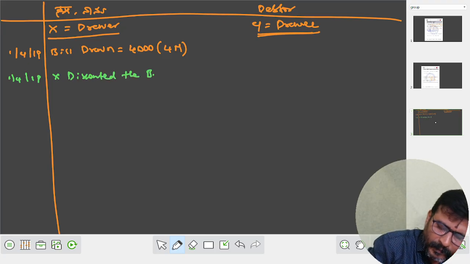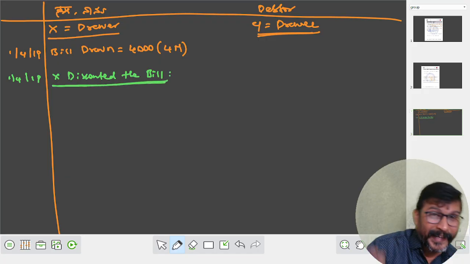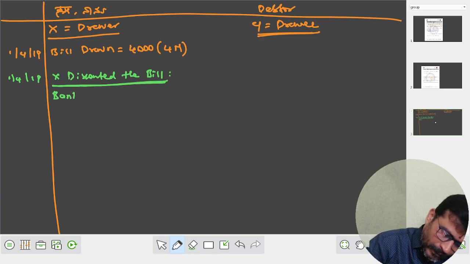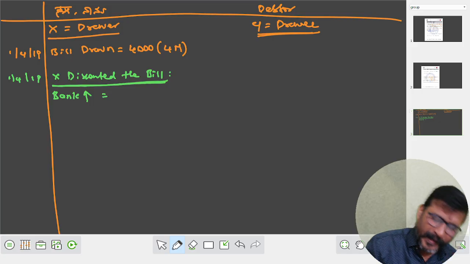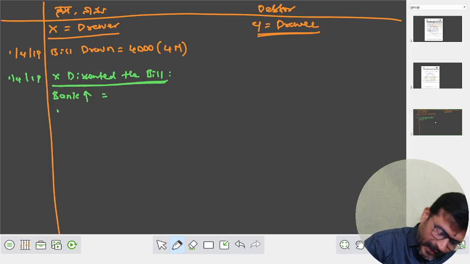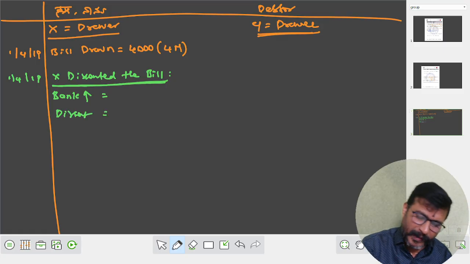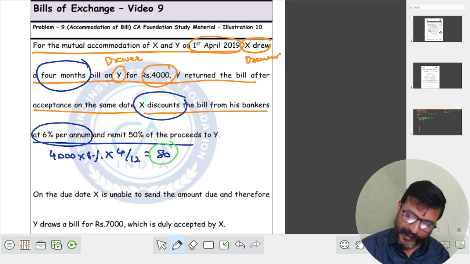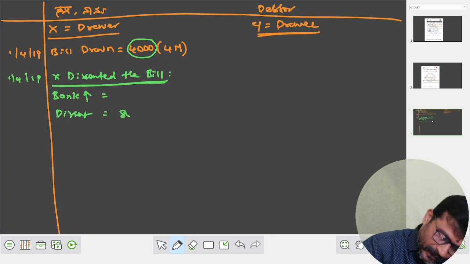X discounted the bill. When X discounted the bill, my dear students, what happened? The bank balance increased and there will be a discount. What is the bill amount? 4,000. What is the amount of discount you calculated? 80 rupees.